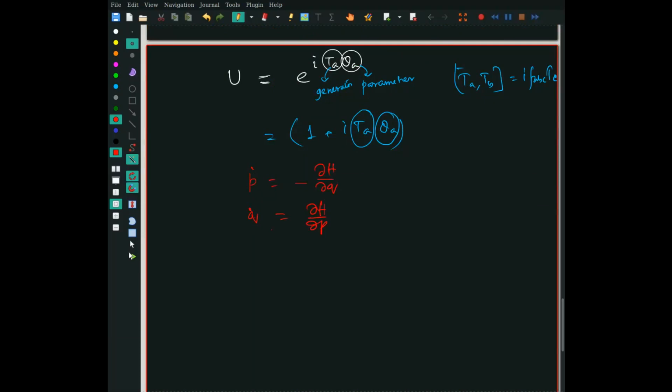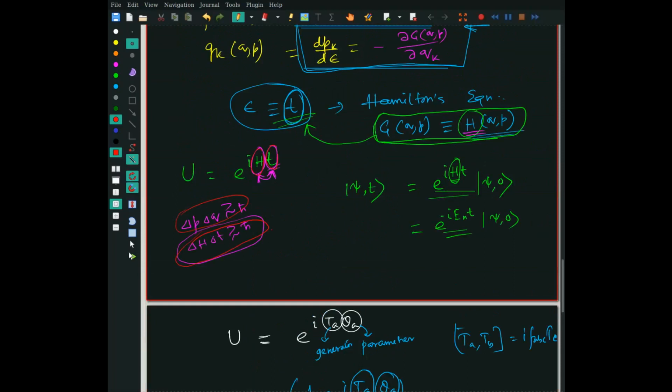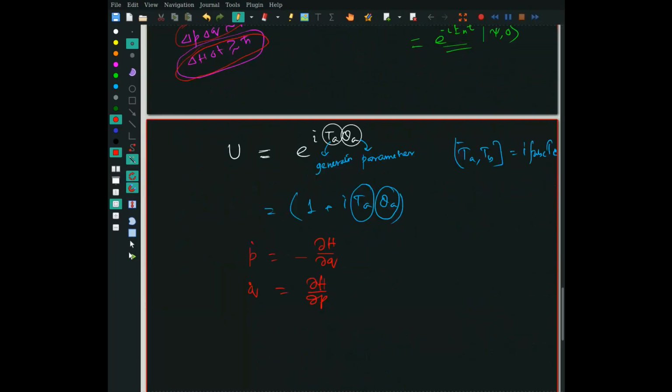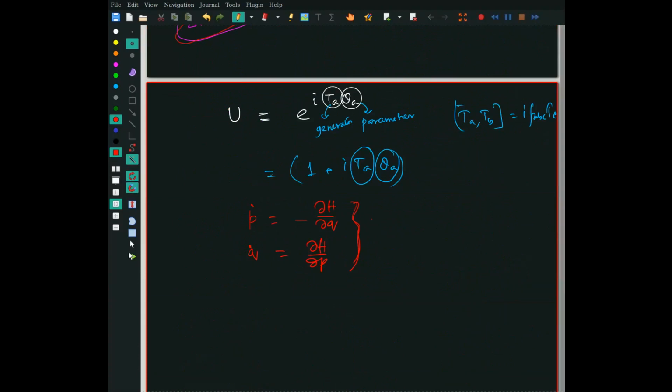And I do not know what H is, but whatever be the H, you can interpret it as follows: when my generator of the canonical transformation G is identified with H, then by virtue of these relations, since this already holds, this H can be thought of as the generator of the time evolution, because these are basically dp dt. So when you treat t to be epsilon, it doesn't matter.